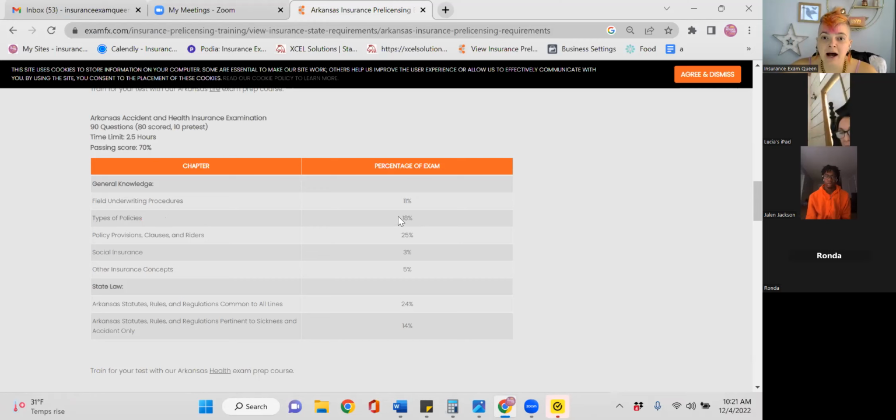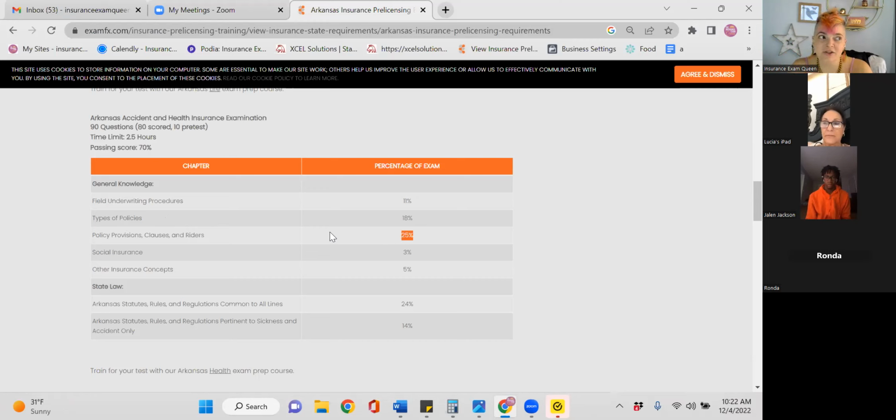Now, with that in mind, this 18% can be hard to get because it's so much wrapped into one chapter. But if you do really strong in provisions, and provisions is like 3 pages worth of reading, that's what's kind of crazy about provisions. What we're about to cover today is actually pretty small, and it's 25% of your exam.